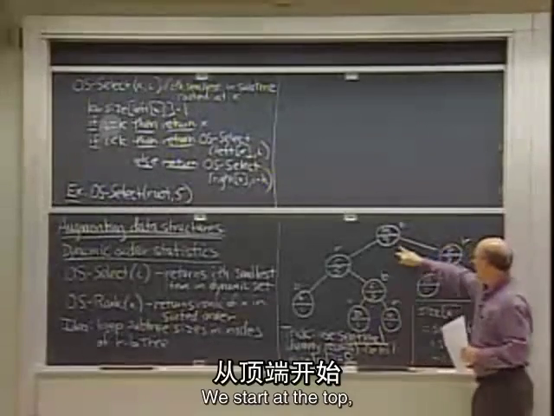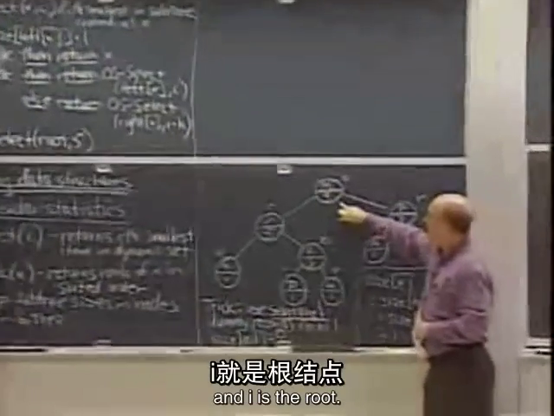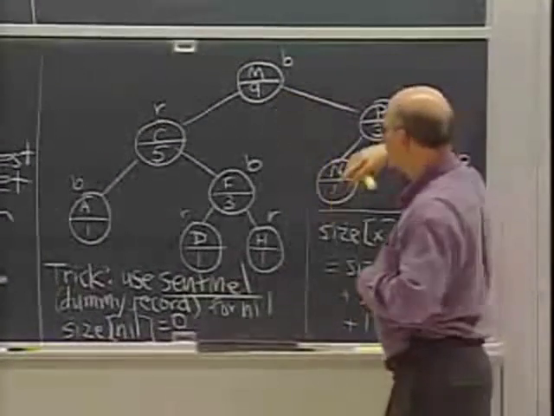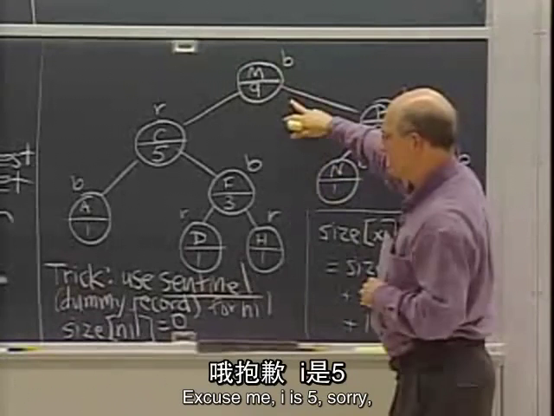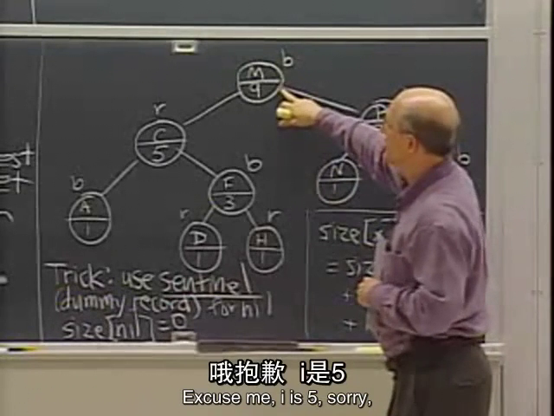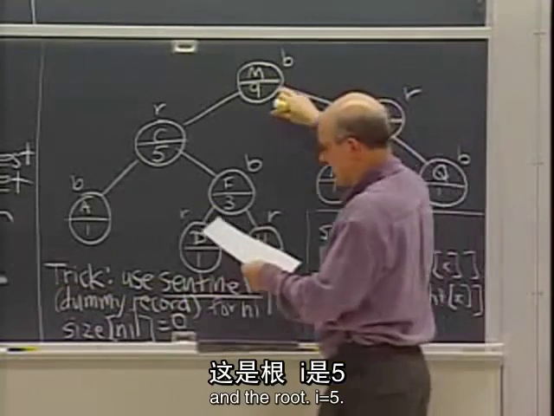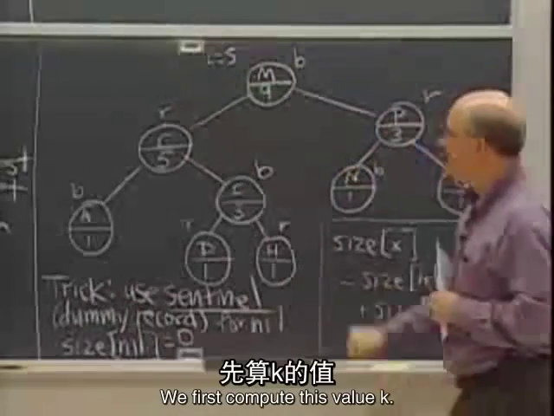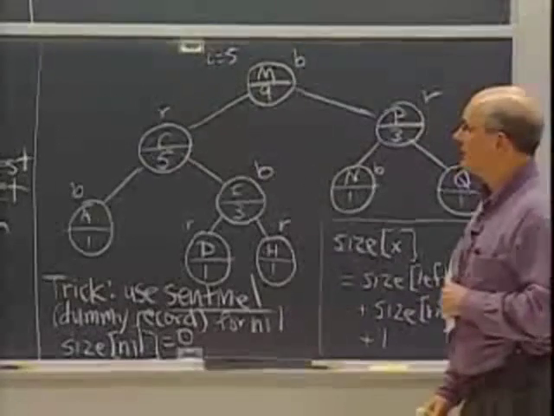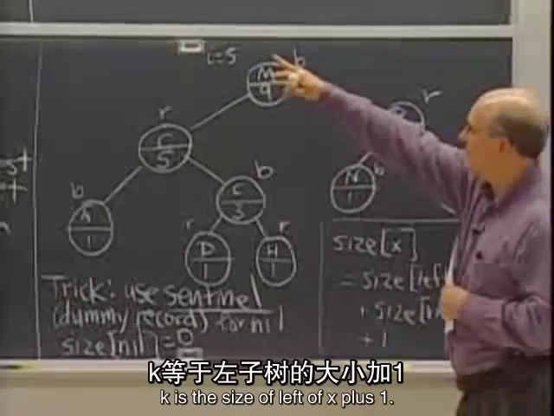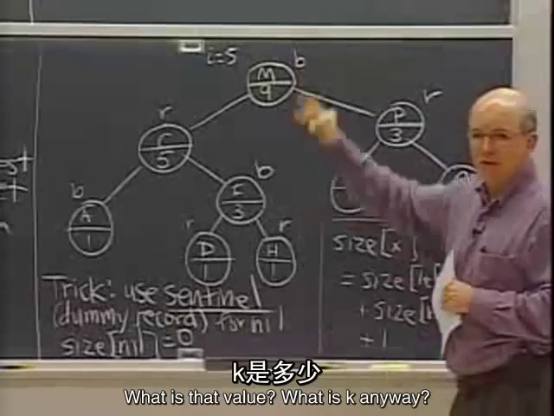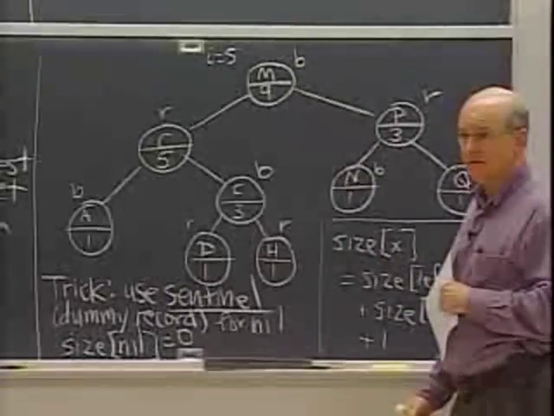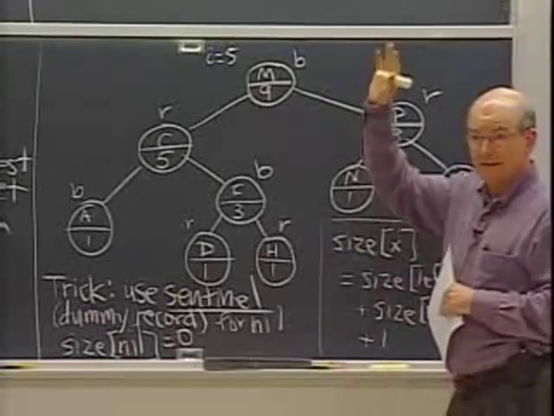Okay, so we start out at the top, and x is the root. Excuse me, i is 5. So we want to find the fifth largest. So we first compute this value k. k is the size of left of x plus 1. What is that value? What is k anyway?